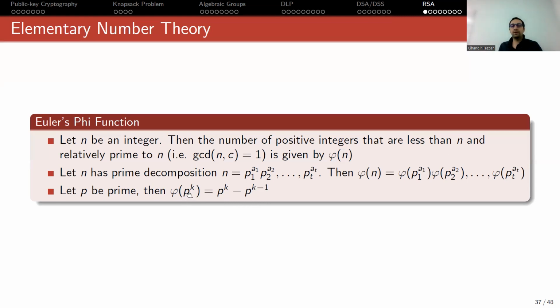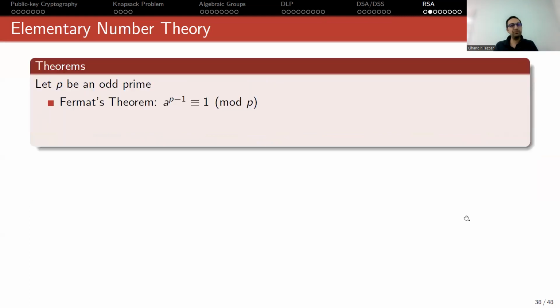Actually, if you only put a prime number p here, it will be p minus 1. Because think about the prime number. Anything less than it has to be relatively prime to it. Otherwise, it cannot be prime. That is the whole idea. So this way you can calculate phi. It is not that important actually, but at some point I will use it. But just know that there is such a Euler phi function, okay?